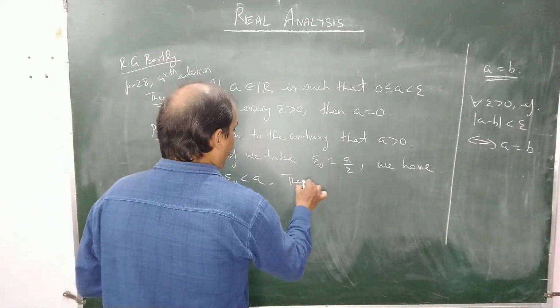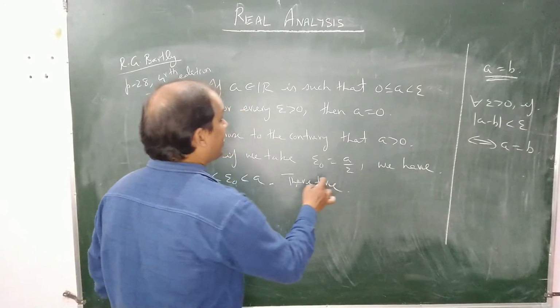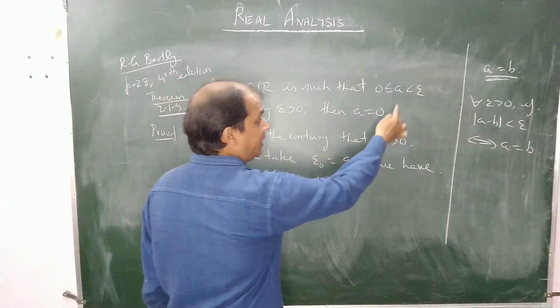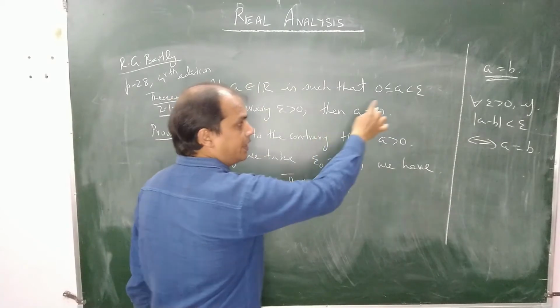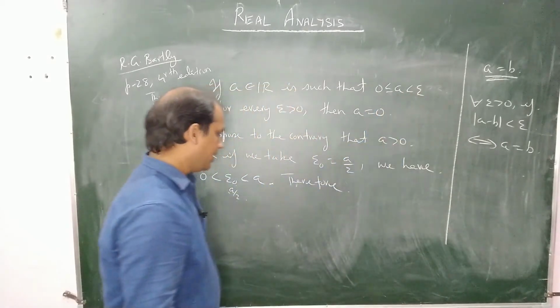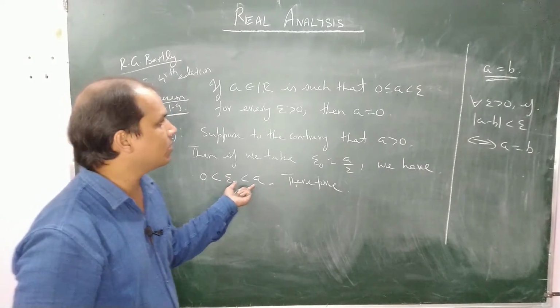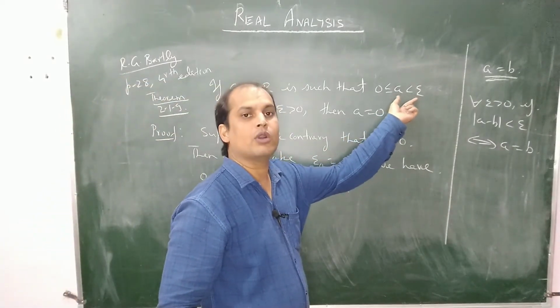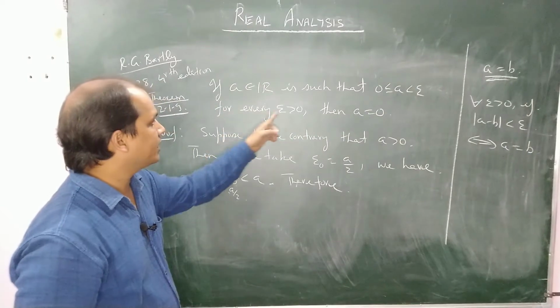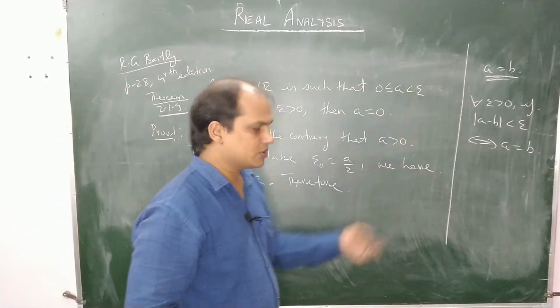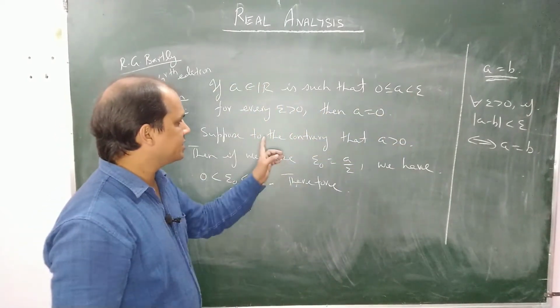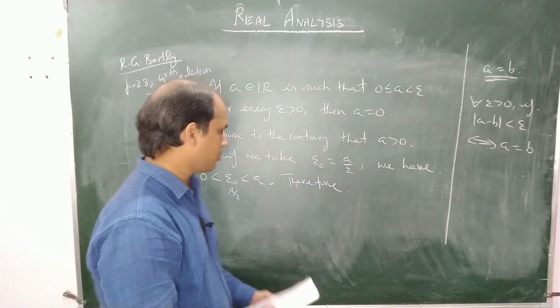But it is going to violate our own assumption. Why? Because we have assumed that this real number is such that a is less than every epsilon, and here a is greater than epsilon naught. So this is going to violate our own assumption that for every epsilon greater than 0, a is less than epsilon. So this is the reason that the assumption that a is greater than 0 is not true.